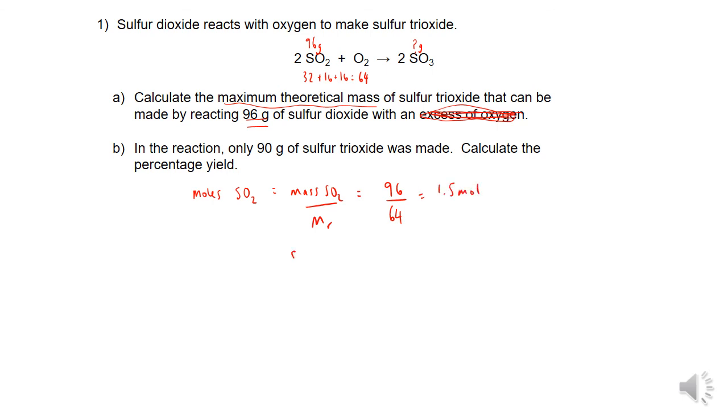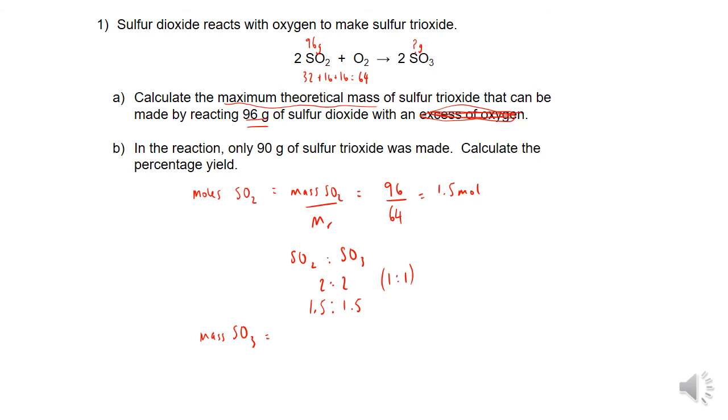So looking at the equation, SO2 to SO3 is another nice 2 to 2 or 1 to 1 reaction. So if we start off with 1.5 moles of sulfur dioxide, we should also make 1.5 moles of sulfur trioxide. The question asks us to work out the mass of SO3.